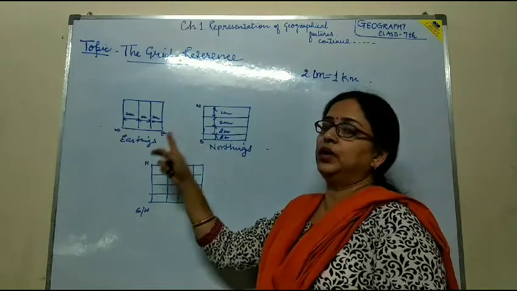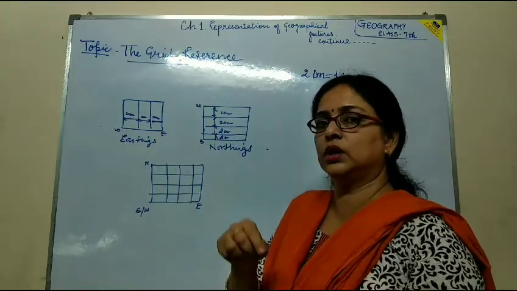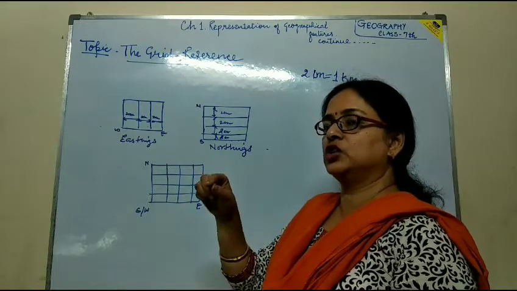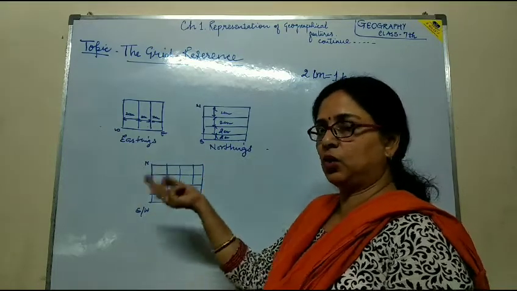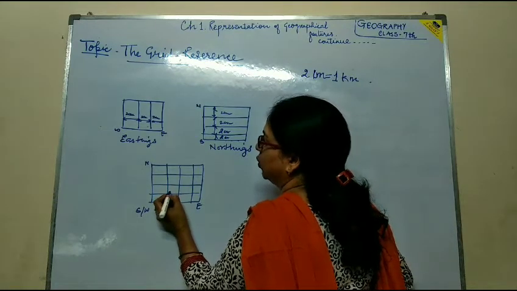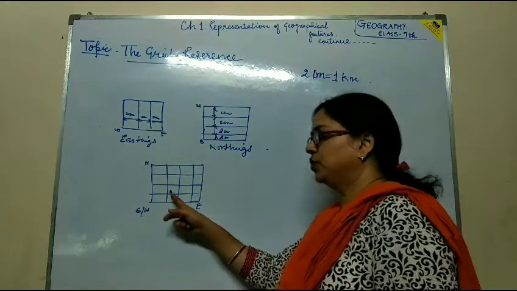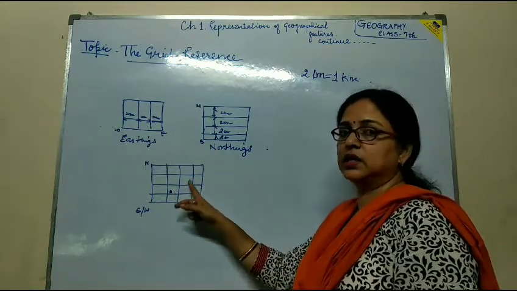Now, if we have to find a particular location that exists on the ground, suppose there is a location of a temple here. We will find only a symbol, nothing is mentioned.